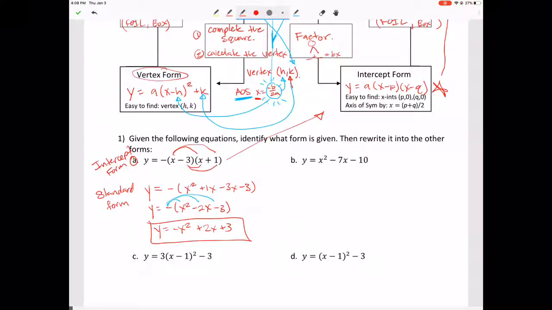Okay, so there we have it in standard form. I'm not going to do this on here. You're welcome to do it, but you'll run into an issue.